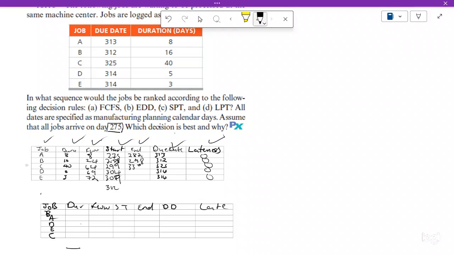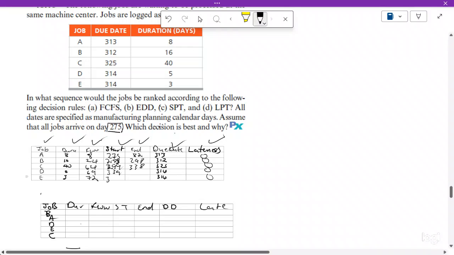Okay, 299, 298, 339, 338 plus 5 is 344, 343 plus 3 is 347, it gives you 346. You see that?